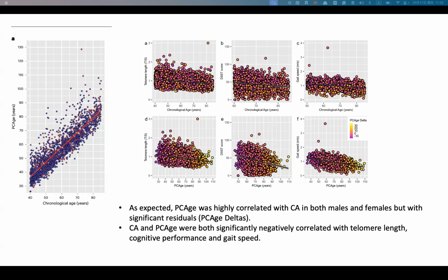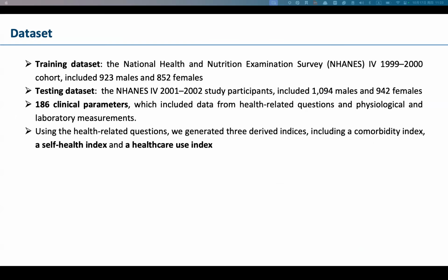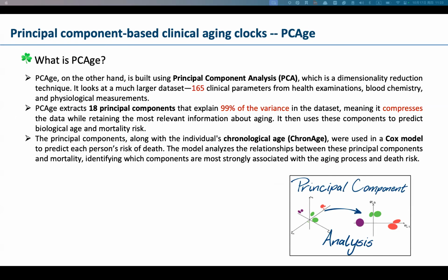Chronological age is the actual age, right? And what is PC age? I forgot the definition. PC age in this paper is the principal components.